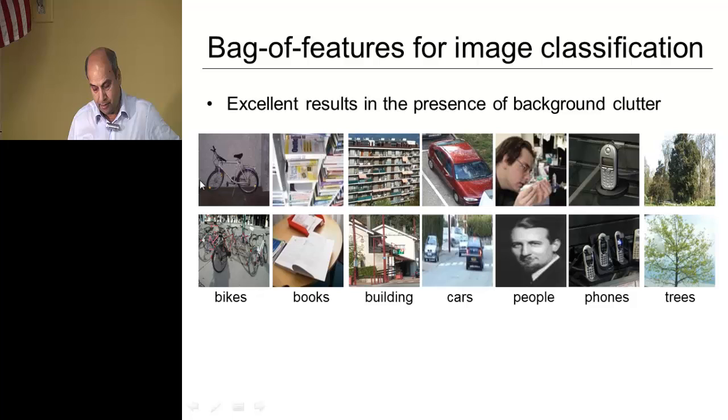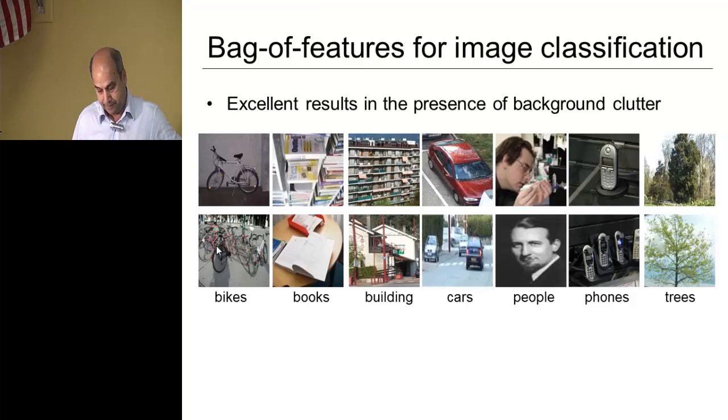These are the different classes: bikes, books, buildings, cars, people, phones, trees. What you will do is take lots of examples of bikes, with some variations. As you see, there are variations. It's good to have many different, diverse examples. Go through the process, train an SVM for this, train SVM for books and buildings and all of these.